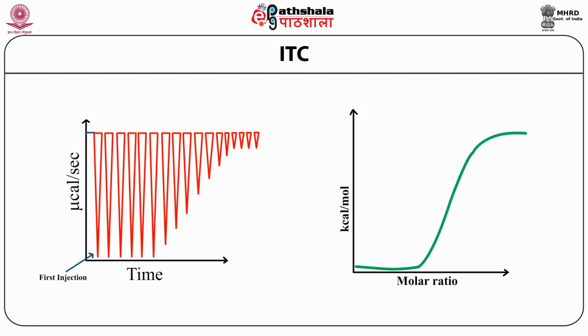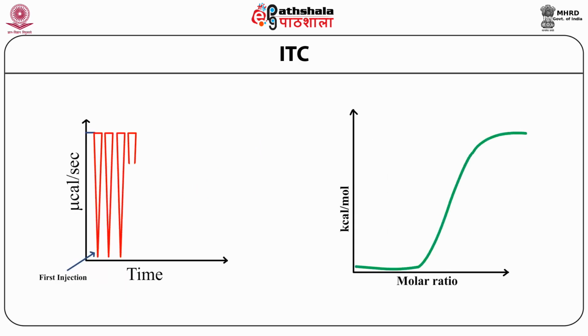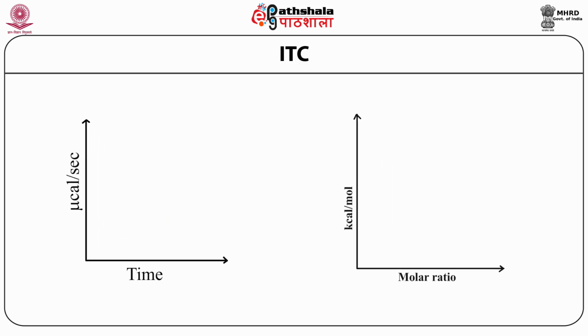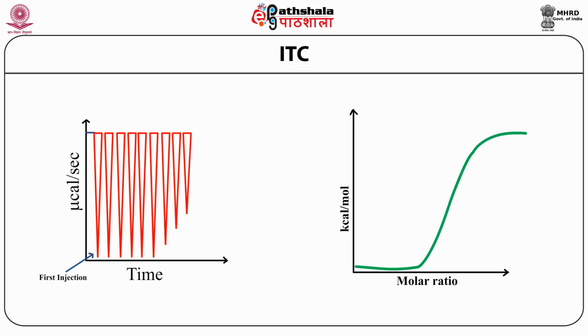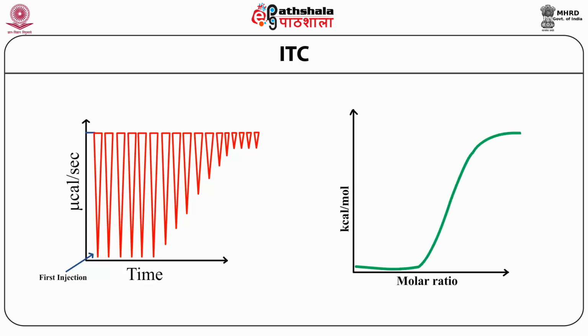That is converted to a kilocalorie per mole versus molar ratio curve, and the typical curve is given on the right hand side. The difference between the maximum on the y-axis and the minimum on the y-axis is basically delta H. So ITC is a typical profile which can give delta H, delta S, delta G in one shot.